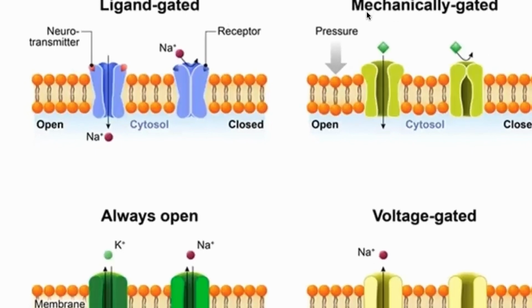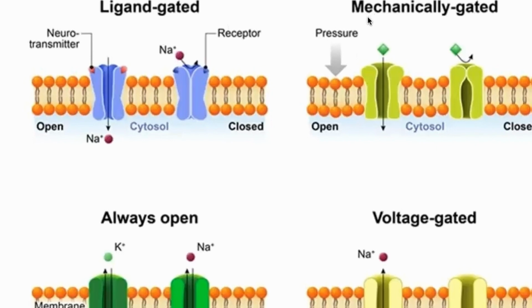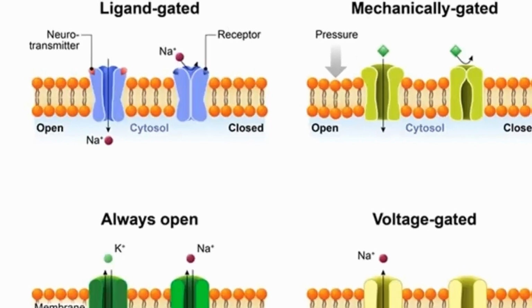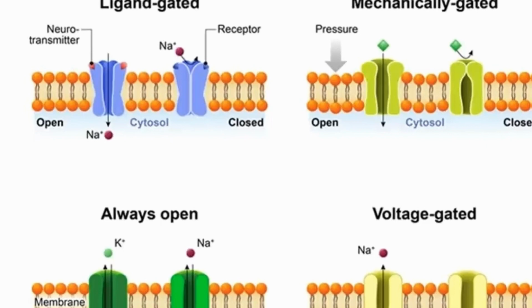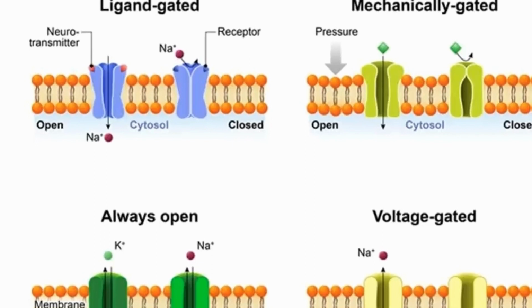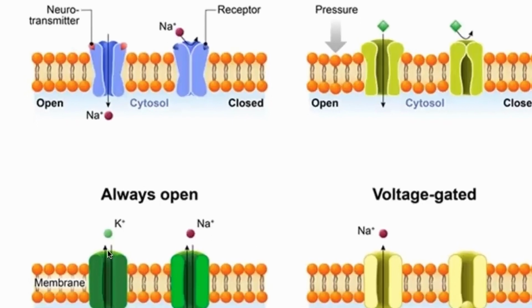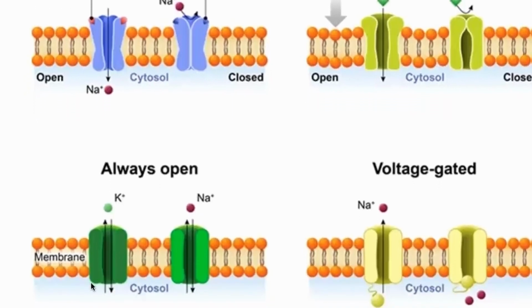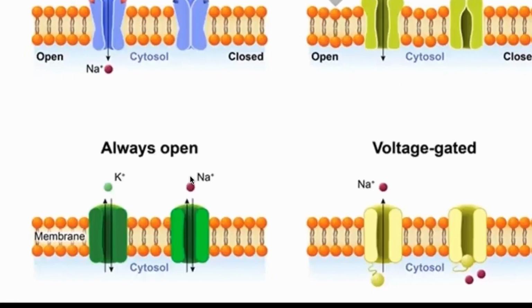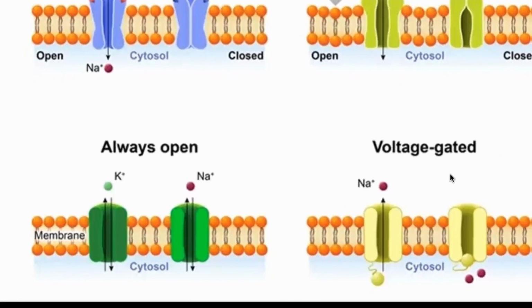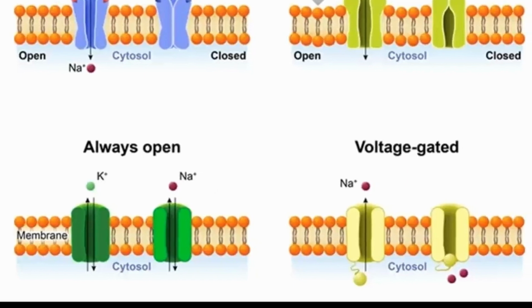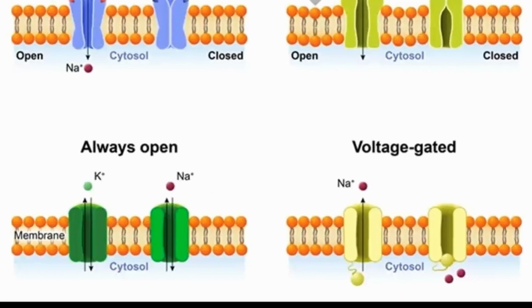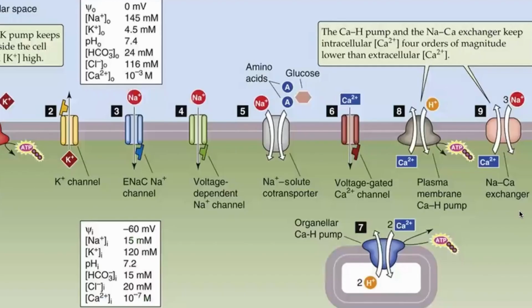So you have mechanically gated sodium channels that can just open as a result of me touching you. But if the touch is not significant enough, it won't stimulate an action potential. You also have the potassium and sodium channels, as we said, that can be always open, and you have voltage gated. So the ion channels can be voltage gated, ligand gated, mechanically gated, or always open.